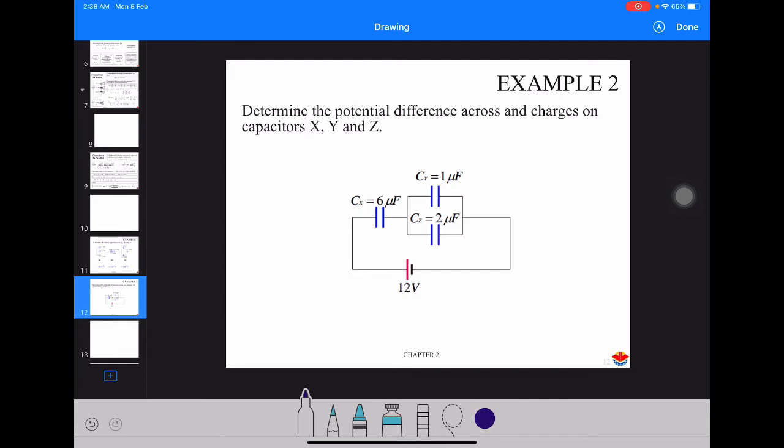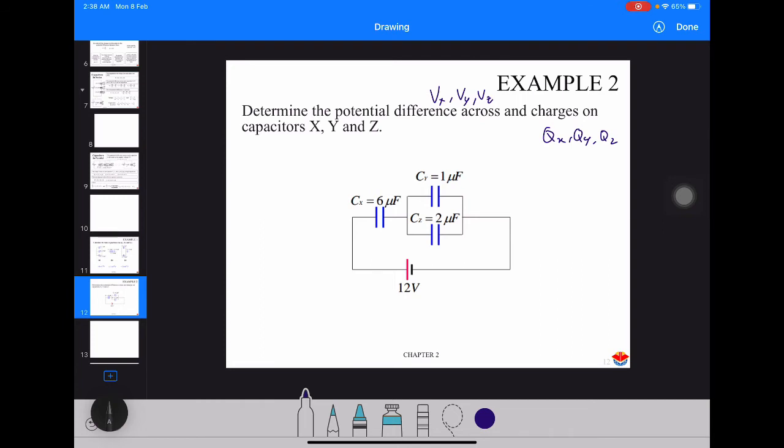Determine the potential difference across and charges on capacitors X and Y. So question 1 is to find V and Q for capacitors X, Y, and Z. So Vx, Vy, Vz, Qx, Qy, and Qz. Normally, even before you read the question, you will expect the first thing that you have to do is calculate the C effective.